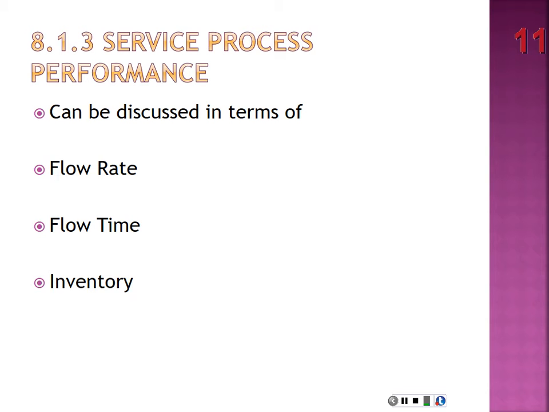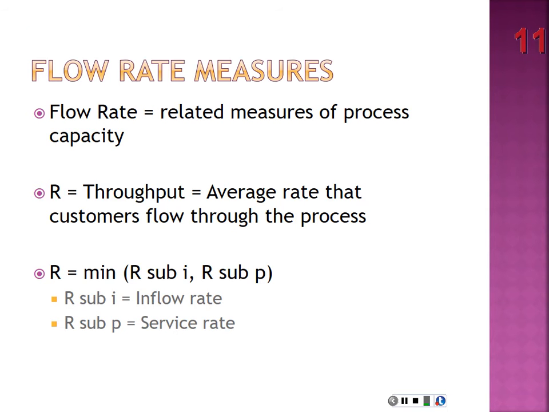So service performance can be discussed again in terms of throughput, flow time, and inventory, just like what we've been doing all semester long. Okay, and flow rate or throughput is a related measure of process capacity. Okay, so it's the average rate that customers flow through the process. Okay, our throughput is typically whichever one of these is smaller, right?